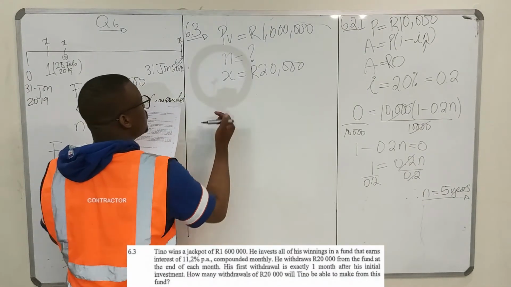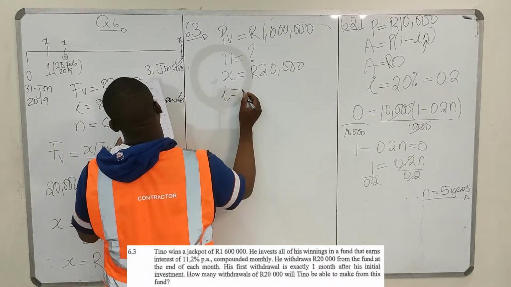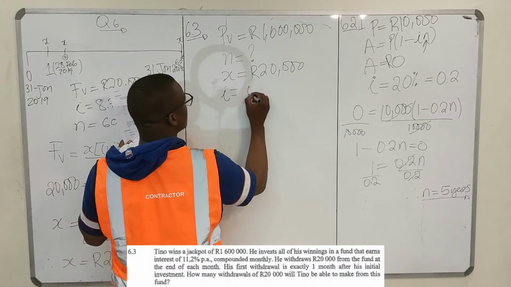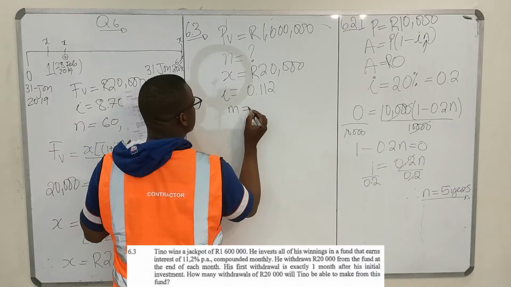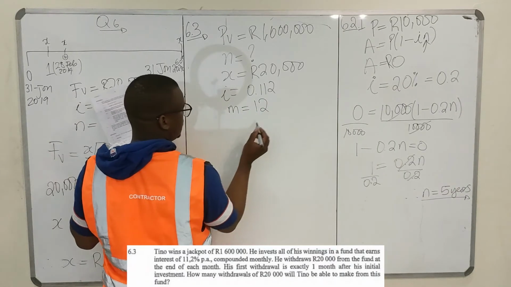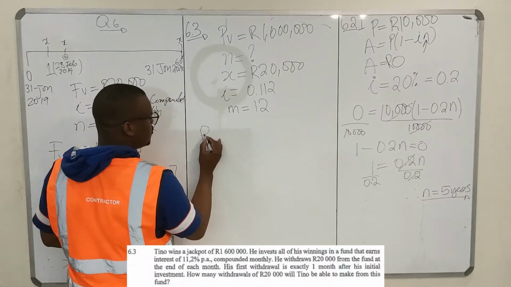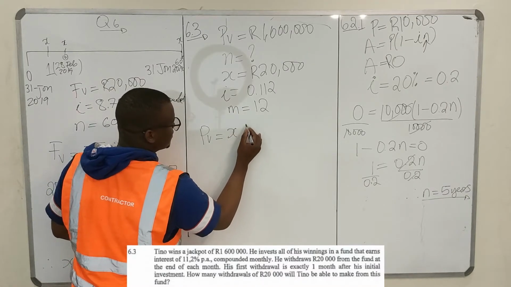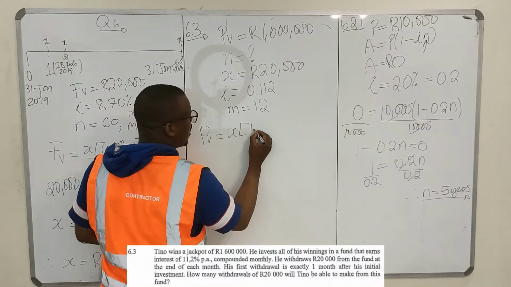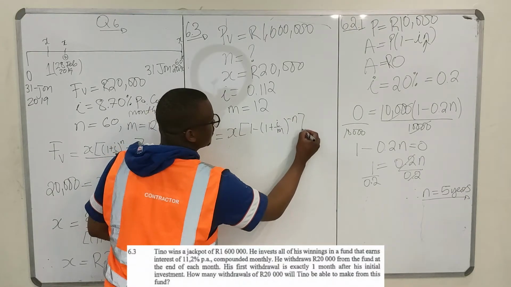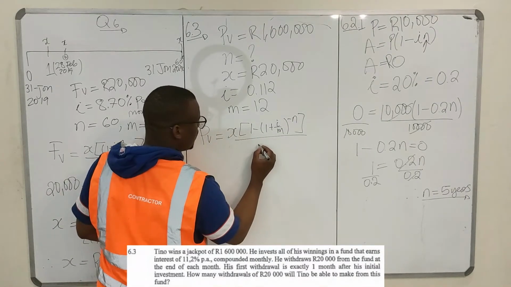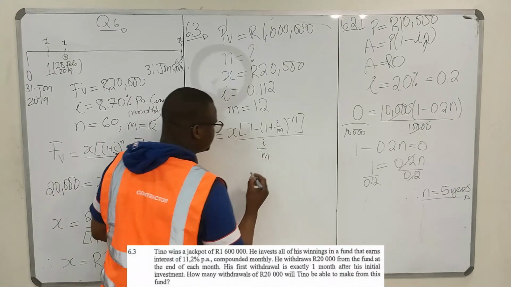And we know the interest rate in this account is 0.112, and the compoundings are 12. So the present value is equal to x times 1 minus (1 plus i over m) raised to negative n, all over i over m.